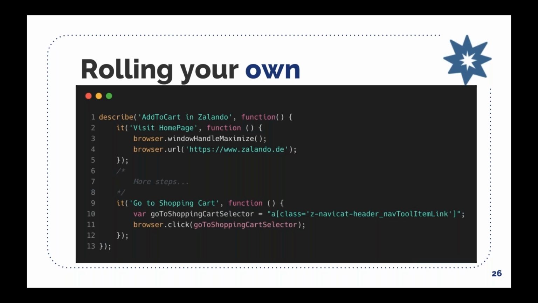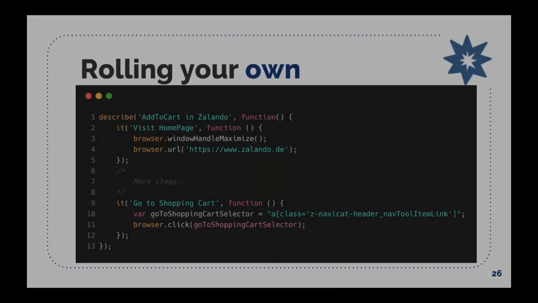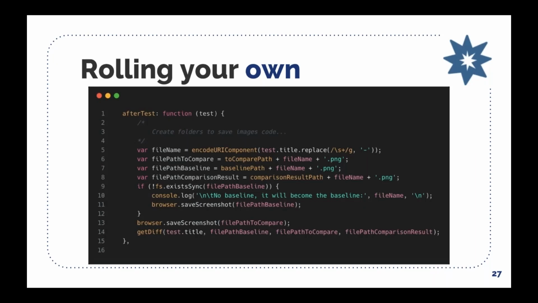So we wrote a few tests in WebDriver.io in JavaScript, and they show exactly the same flow that the Java test was showing. And the cool thing about WebDriver.io and other frameworks as well is that you have an after test function, a hook that you can use to actually plug in the image comparison.